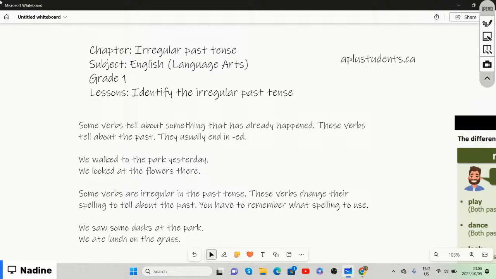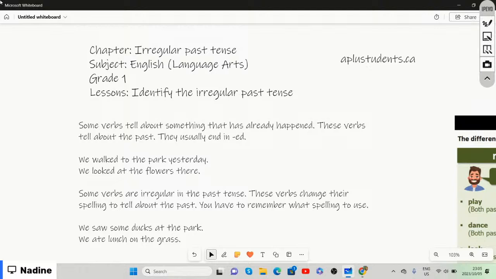And now, a continuation of our lesson is irregular past tense. Usually with regular past tense, we just add ed to a word to show that it's in the past, that it happened already.